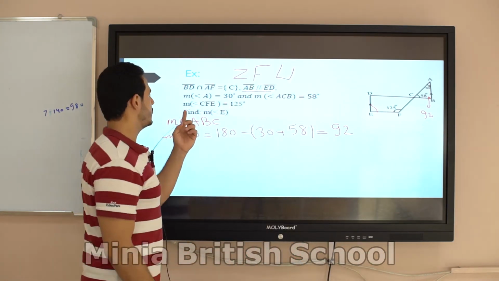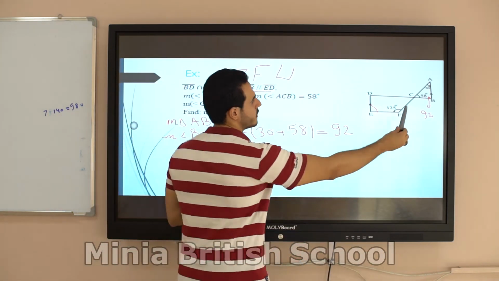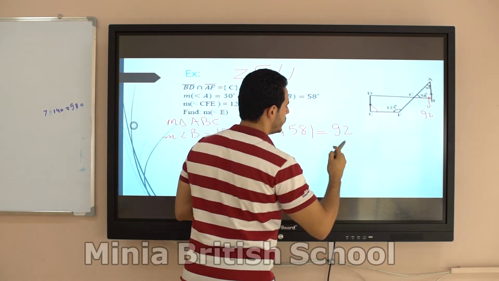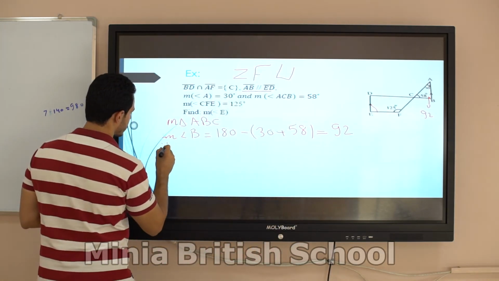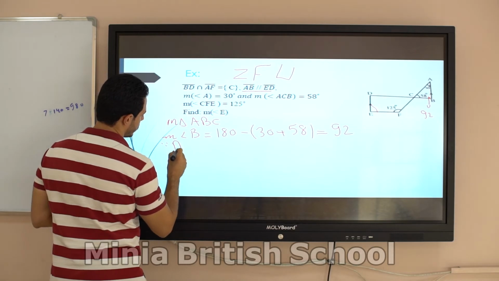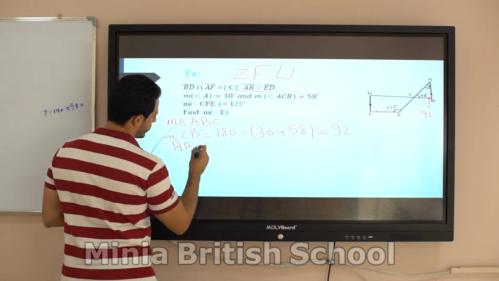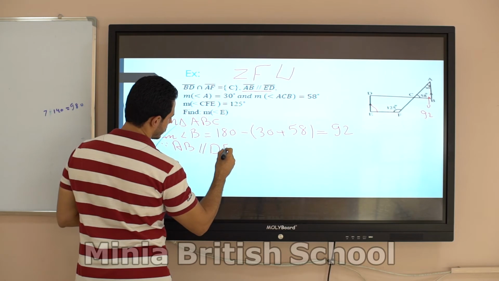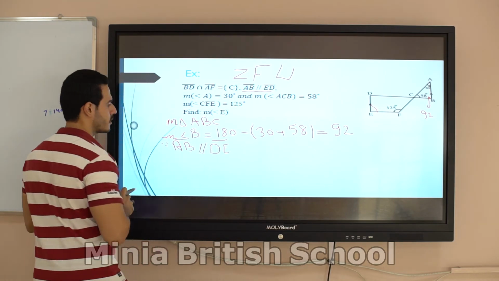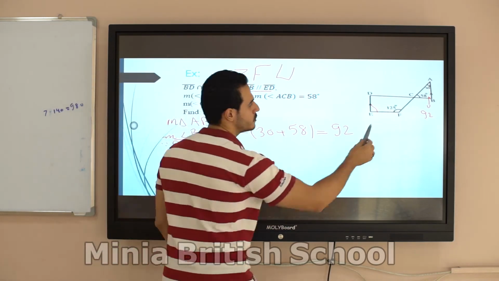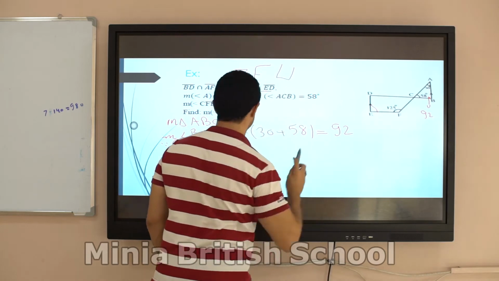And he told me that AB is parallel to DE. So since AB is parallel to DE, now I have two alternate angles.